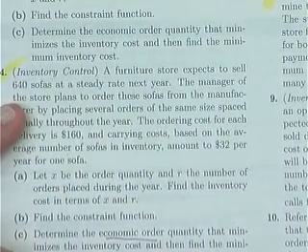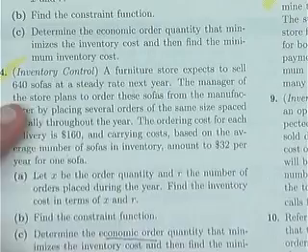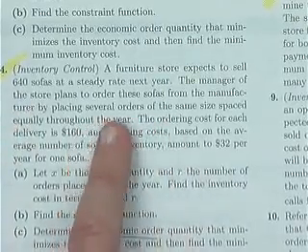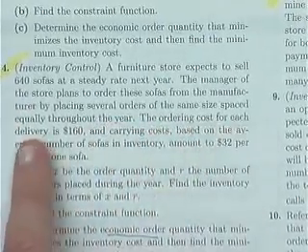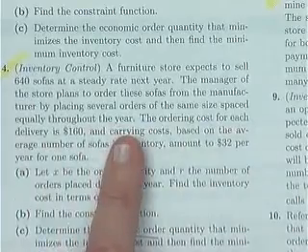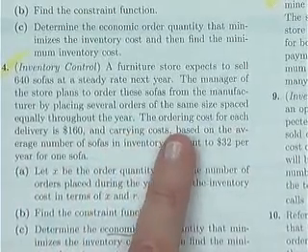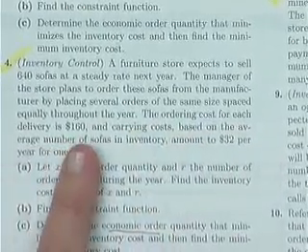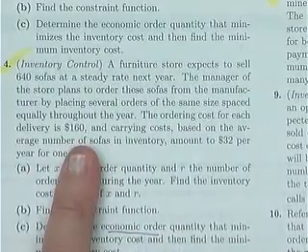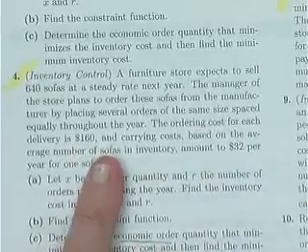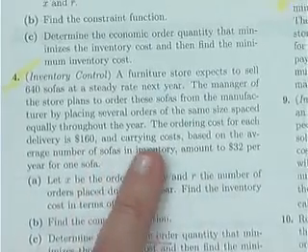Or are they going to order them 3 or 4 times a year, whatever? The key thing is several orders the same size equally spaced throughout the year. Well, there's a cost to order. Ordering cost for each delivery is $160. So every time you place an order, they're going to charge you $160.